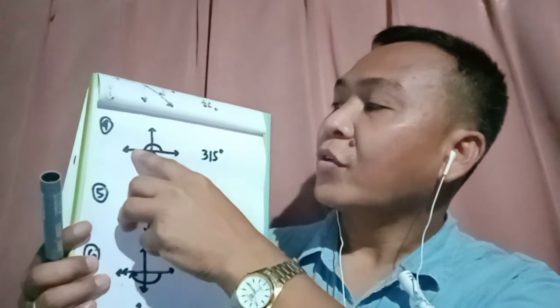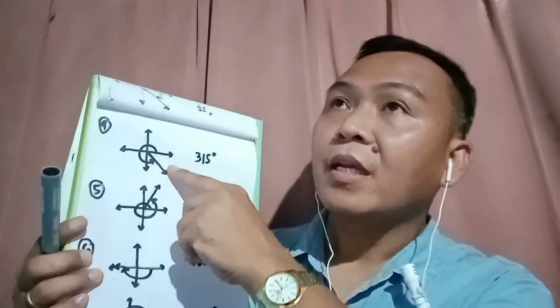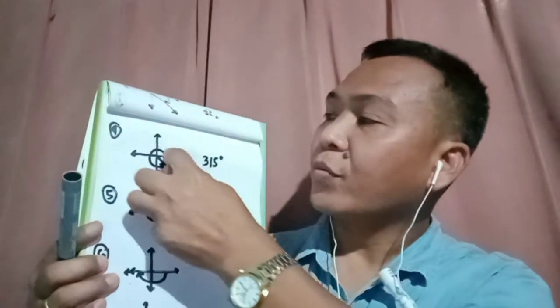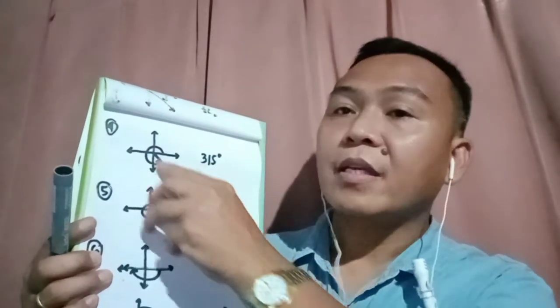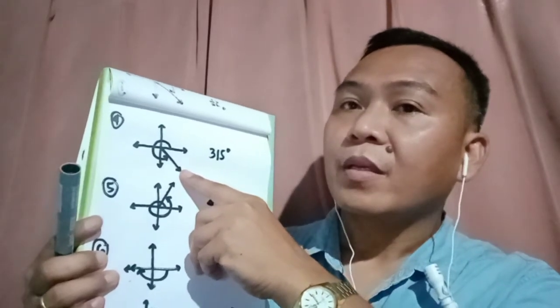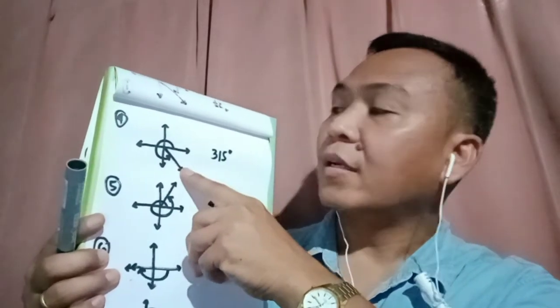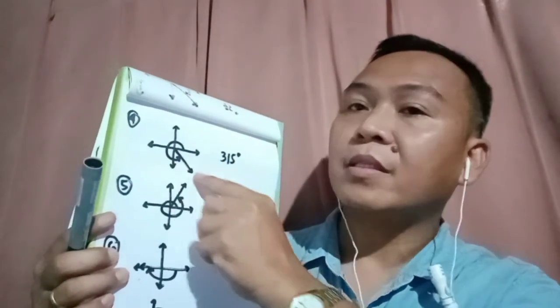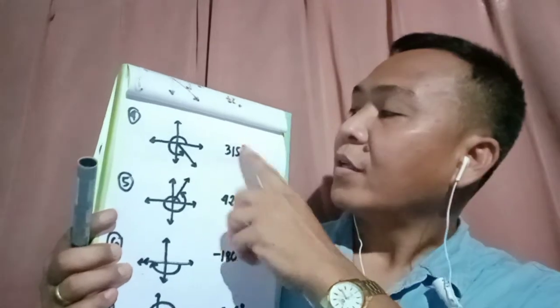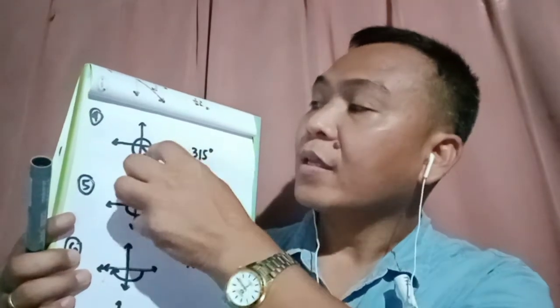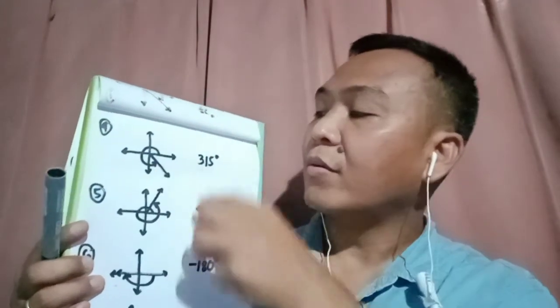So if we have 270 plus 45, therefore that is 315. So we have this terminal side here, which is the stopping point of our angle. From this initial side at the positive x-axis, we rotate to this terminal side, then we now have positive 315 degrees. Again, we started at the positive x-axis, then we rotated counterclockwise.